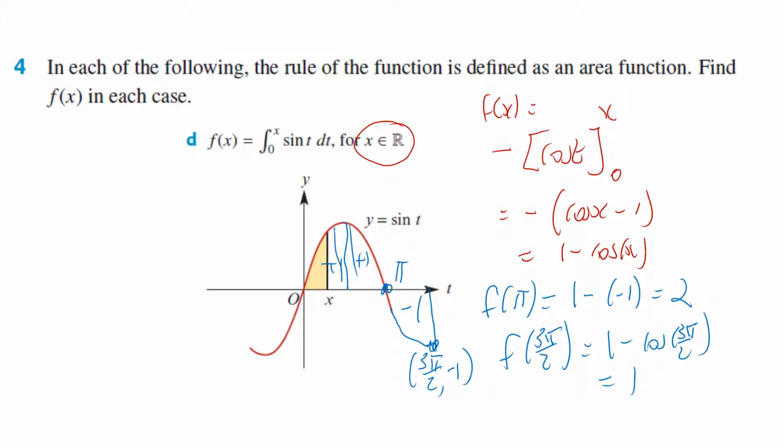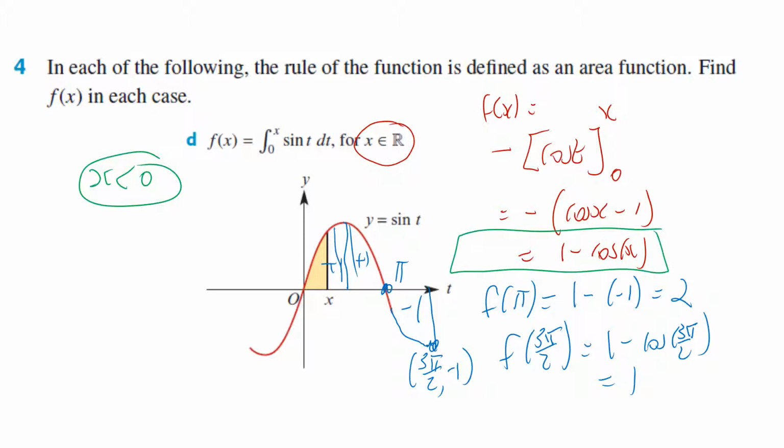Curious situation when x is less than 0. Does this rule still hold for the net signed area? Well, it does and it doesn't. There's a bit of a limitation on understanding x as our upper bound. So let's think about it in the negative direction.